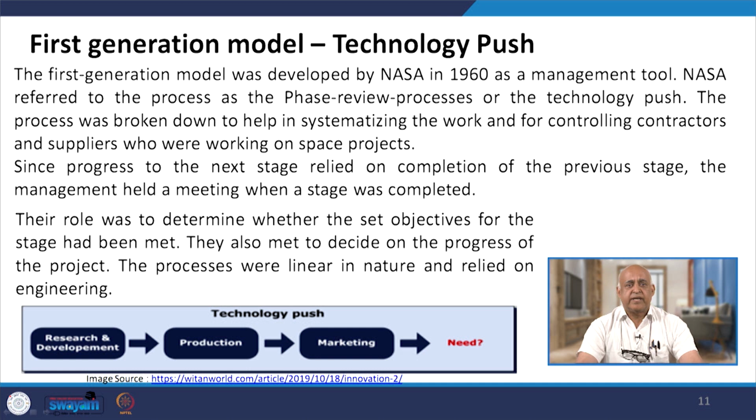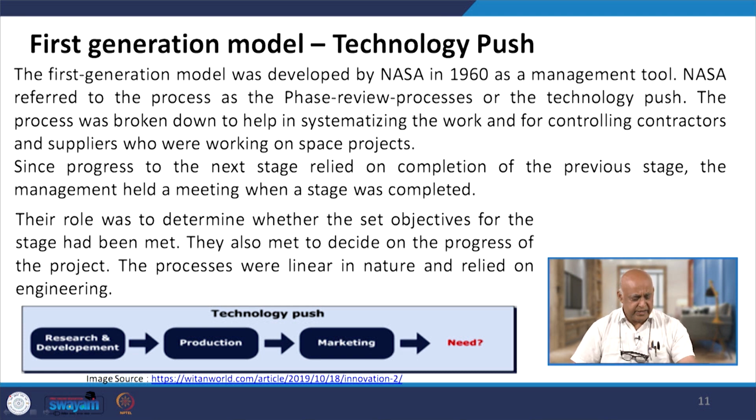Since progress to the next stage relied on the completion of the previous stage, management held a meeting when a stage was completed. Their role was to determine whether the set objectives for the stage had been met. They also met to decide on the progress of the project, and the processes were linear in nature and relied on engineering.